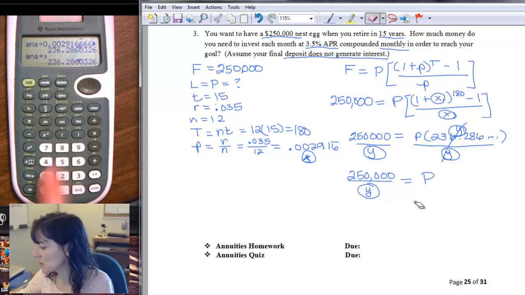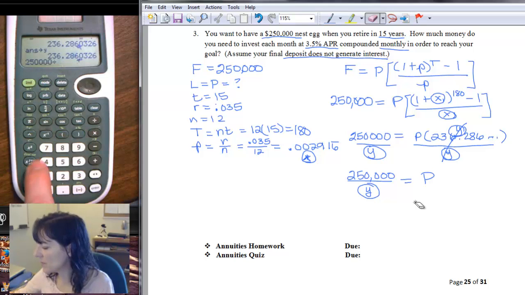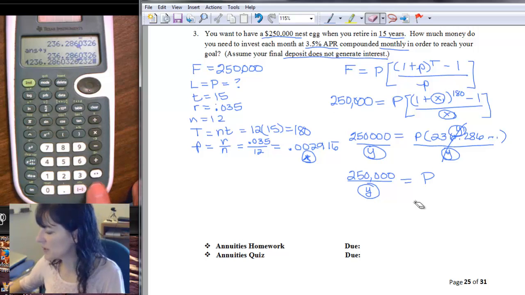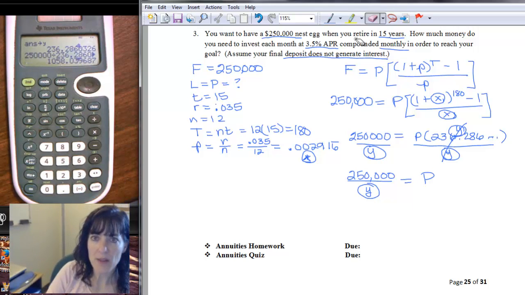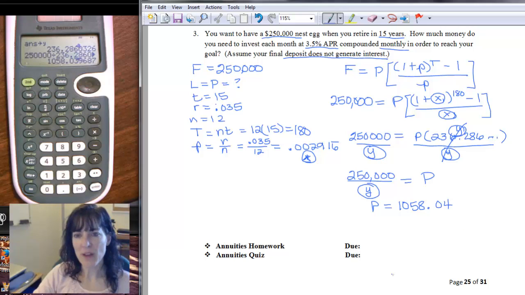So I have that stored, so then I can just type in 250,123 divided by, and I have to recall, and I can go down to the Y, push enter, enter one more time, and that's telling me that my P is 1058.04, because the next digit is a 9, if you can read it through my ink blots. Now that's one method.